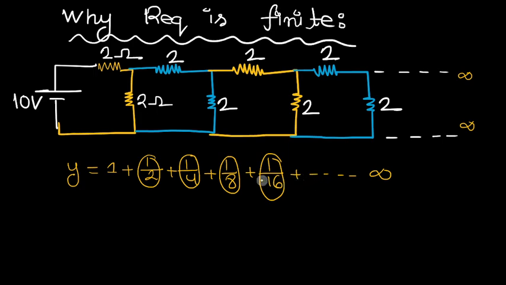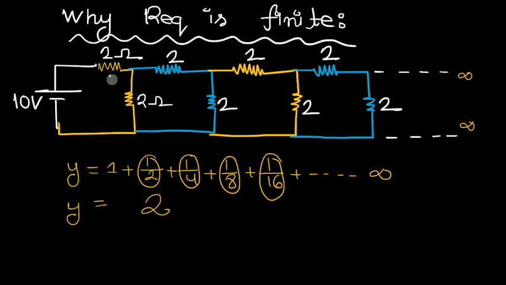You will get a smaller number as you proceed to the right, and here you have a sum of infinite terms. Though you have a sum of infinite terms here, you will get a finite result. So that means the sum of this infinite series is finite, right?